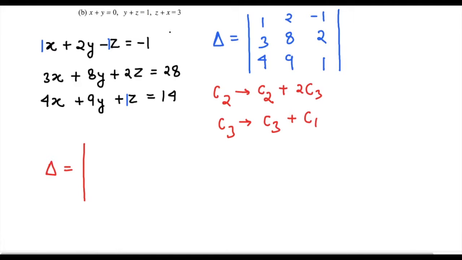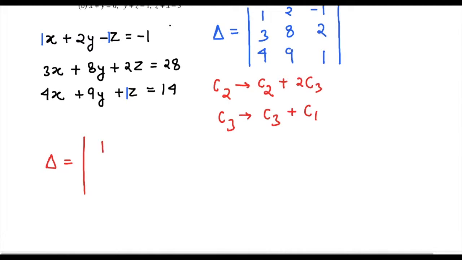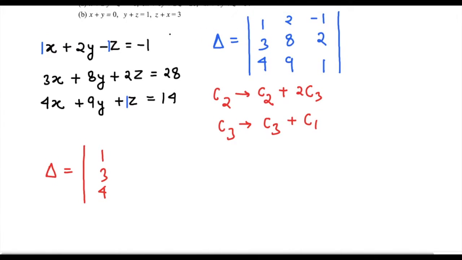I'm not doing anything with column number 1, so I will write 1, 3 and 4. In column number 2 I'm going to add twice of column number 3. Twice of column number 3 will be minus 2, 4 and 2.